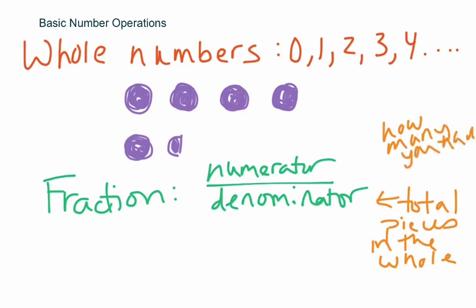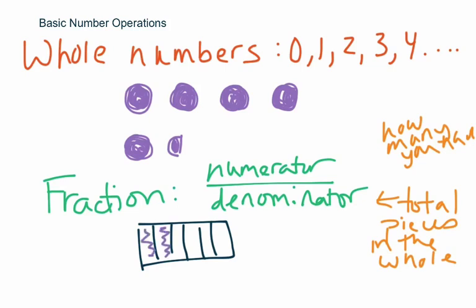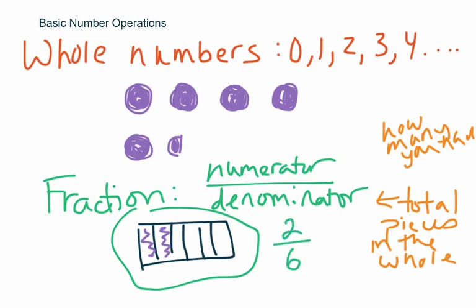So for example, if you have a whole candy bar, and that candy bar is divided into, I split it into 6 pieces there, and then you have 2 of them, then this piece of the whole would be represented as 2 out of 6.